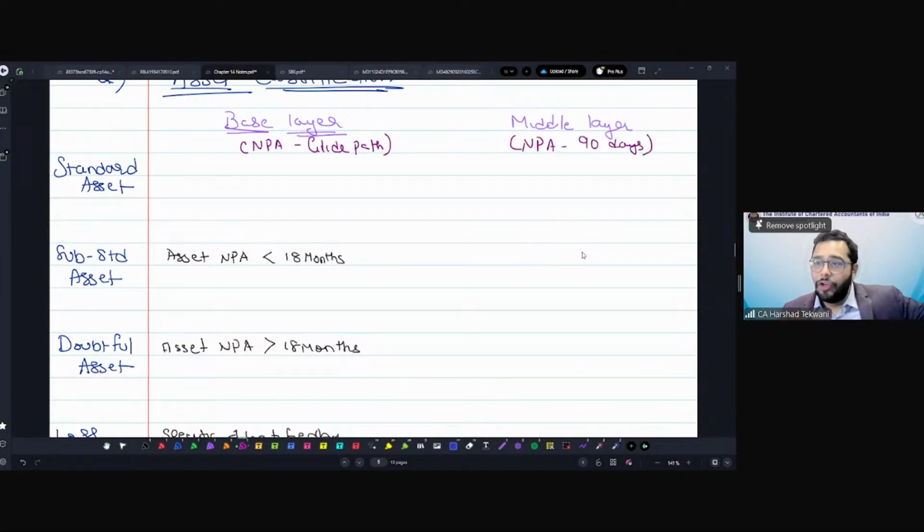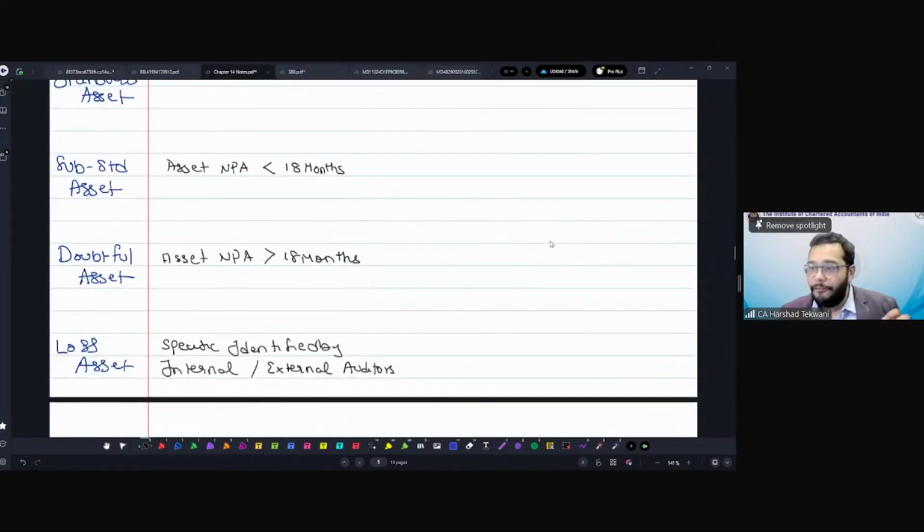But when it crosses 2026, I'll use 90 days. I'll not use glide path, because by that time it will be over. Now, for the middle layer and substandard asset, where I was talking about 18 months, here I will talk about asset NPA less than 12 months.